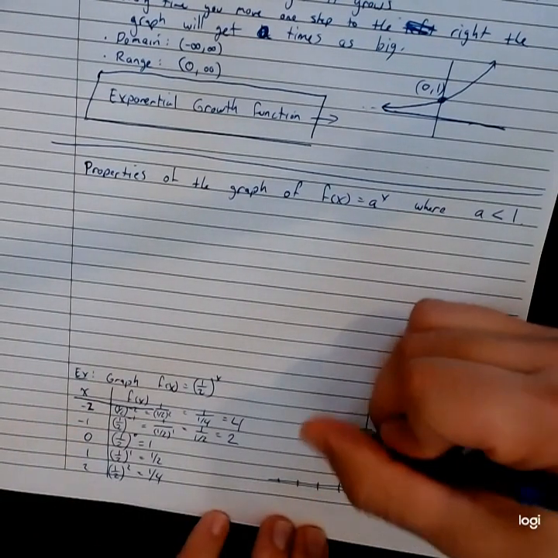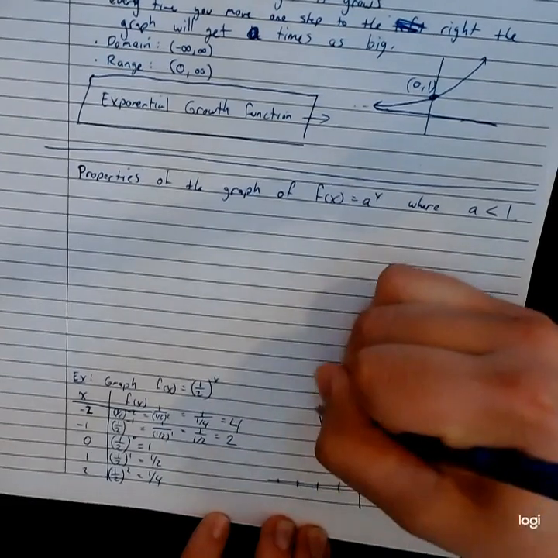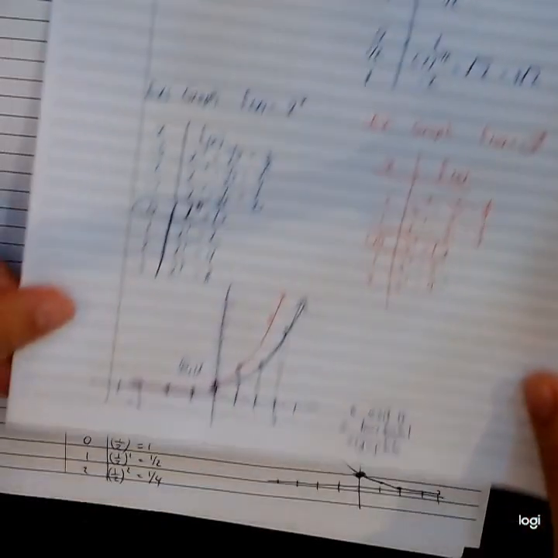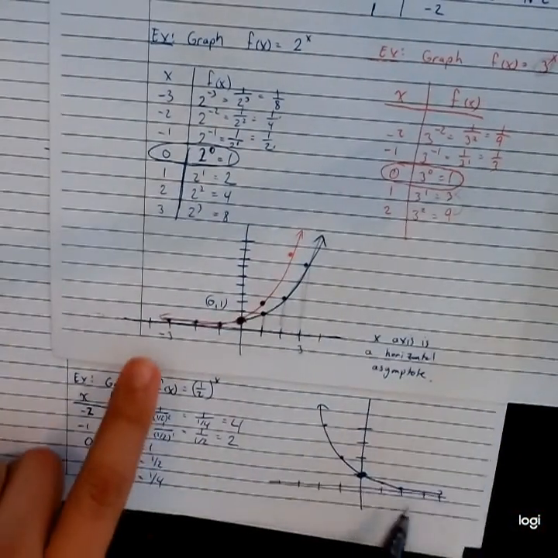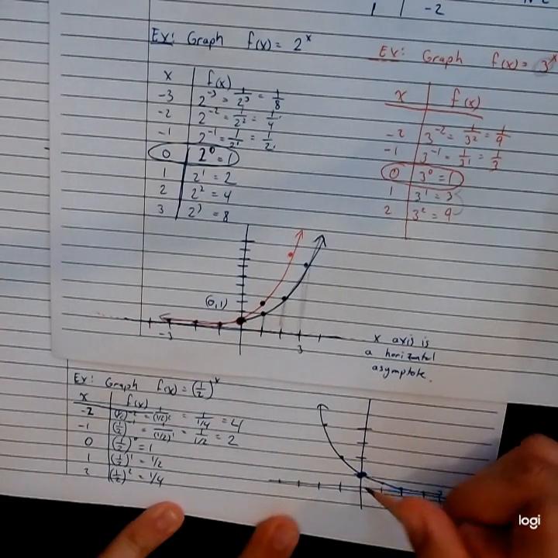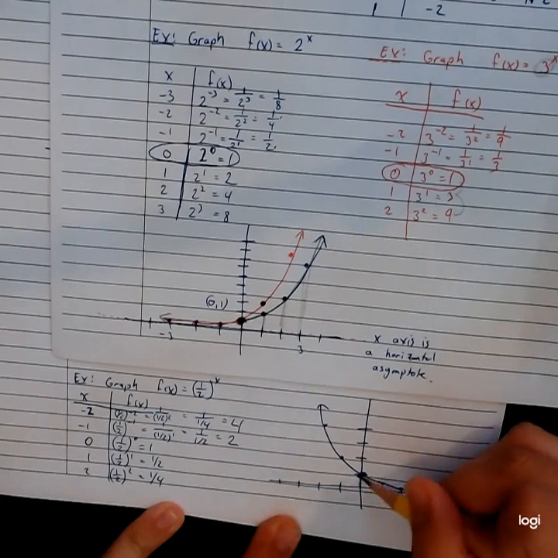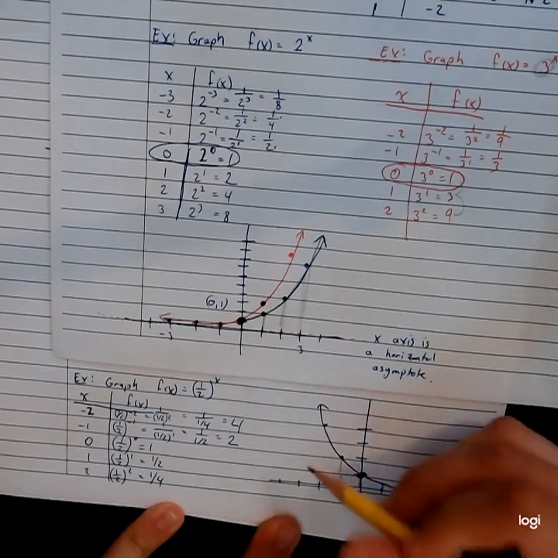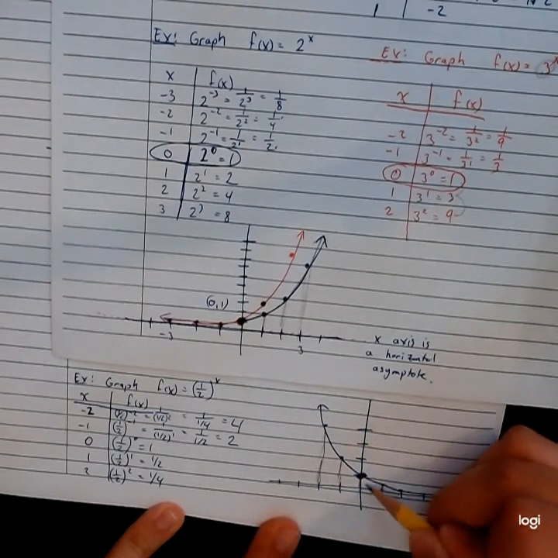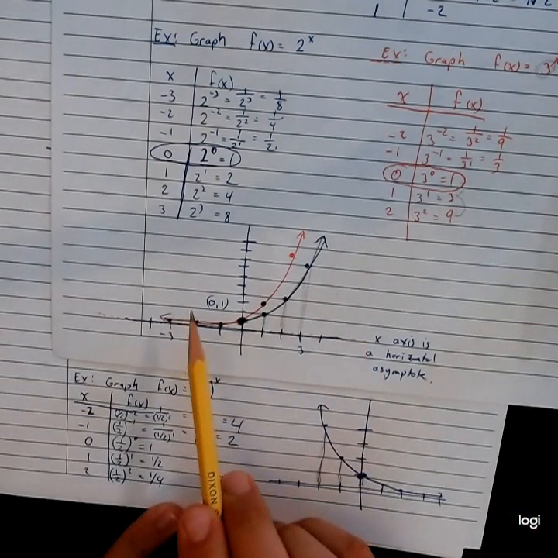If I connect the dots, it's the same graph that I had before, but reflected. It's still doing the same thing. Every time I take a step, it's doubling the value: a half, double gives me 1, double 1 gives me 2, double 2 gives me 4. It's the same pattern with the same numbers, but now it's reflected.